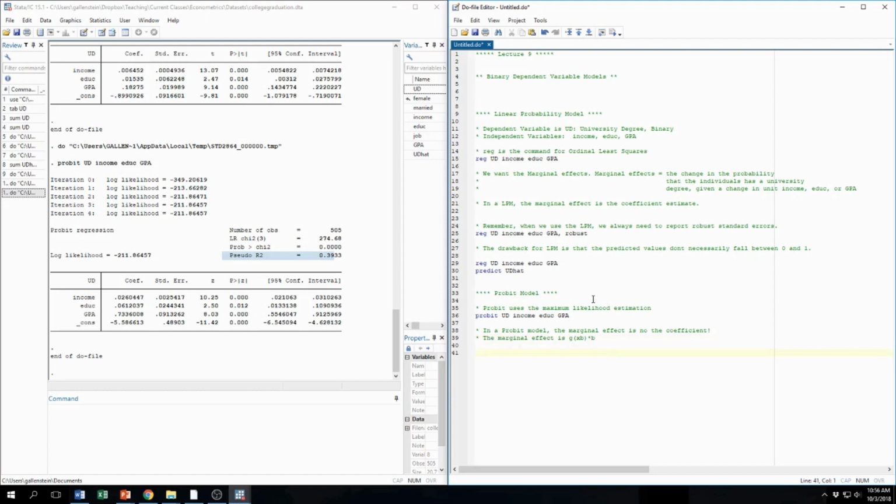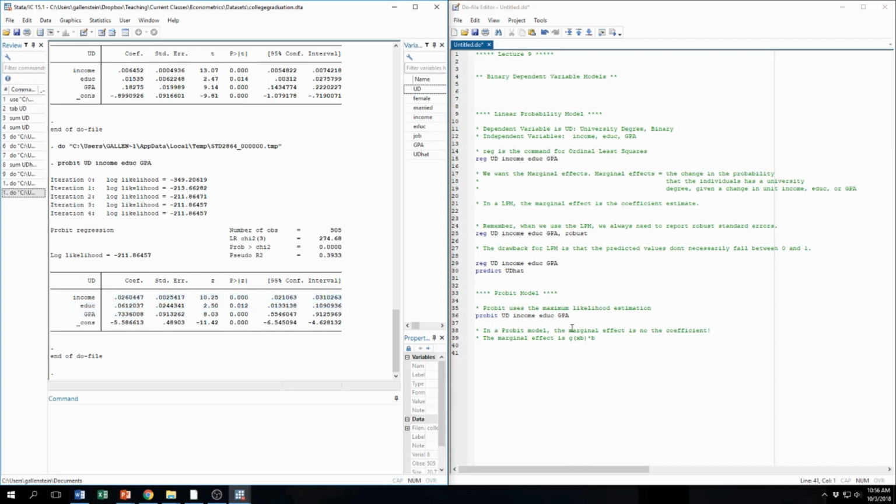So now the question is, how do we get the marginal effects? What I'm saying here is that if I look at these coefficients, I cannot interpret these as marginal effects. I cannot say that as income goes up, the probability that the person has a university degree goes up by 0.26. That's not how I would interpret these. These are not marginal effects.